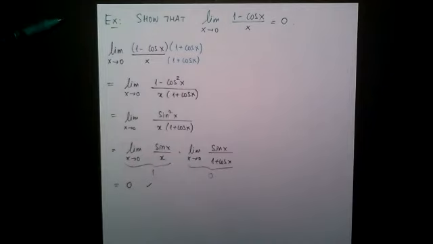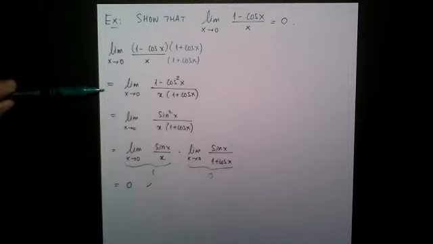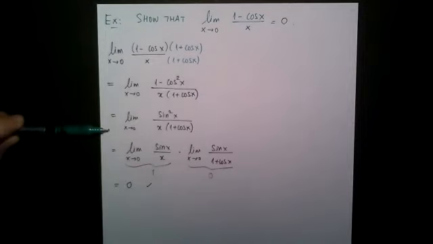When I got to the second step, where it's written sine squared x, I had 1 minus cos squared x times 1 plus cos squared x.